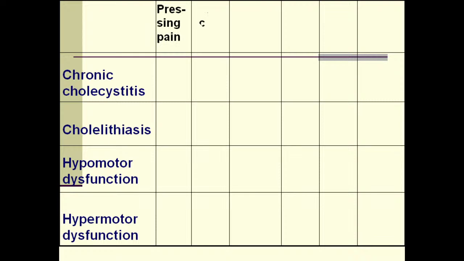Now, let's come back to the complaints of patients and separate them depending on the problems. We spoke about four main problems: cholecystitis, cholelithiasis, and two motor dysfunctions. Let's see how the complaints of the patient combine depending on the pathology.